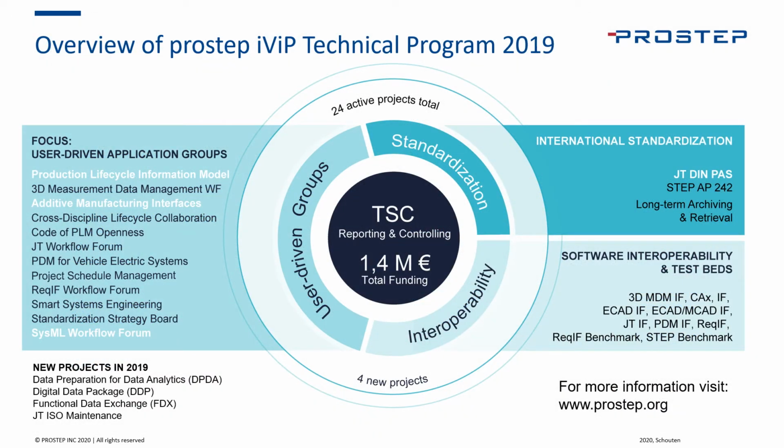In 2019, there were about 24 active projects in the IVIP Association. That includes things like STEP 242 maintenance, right? So they were very integral in creating that standard, as well as working groups for product lifecycle information and SysML.